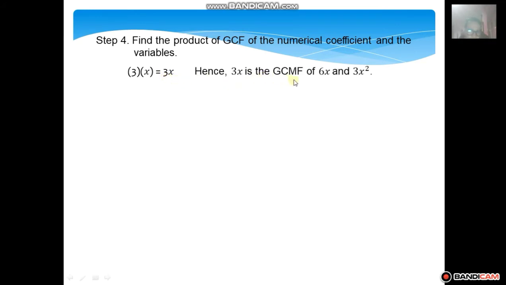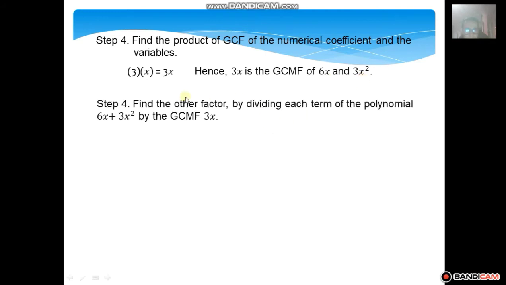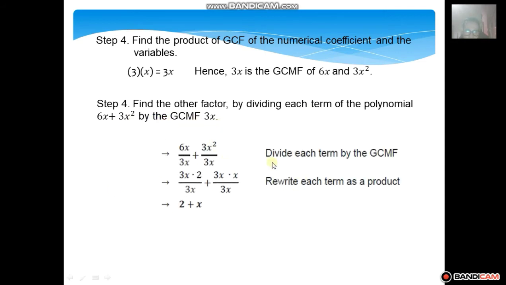Hence 3x is the GCF of 6x and 3x squared. Then step number 5, find the other factor by dividing each term of the polynomial 6x plus 3x squared by the GCF 3x. Divide each term by the GCF. Then next step, rewrite each term as a product.